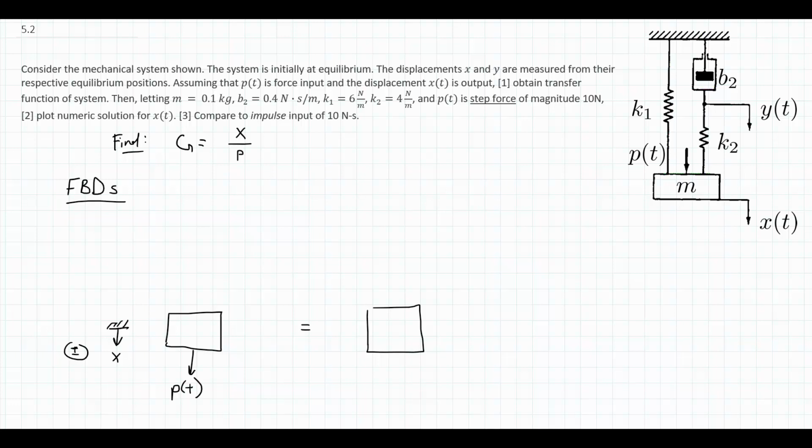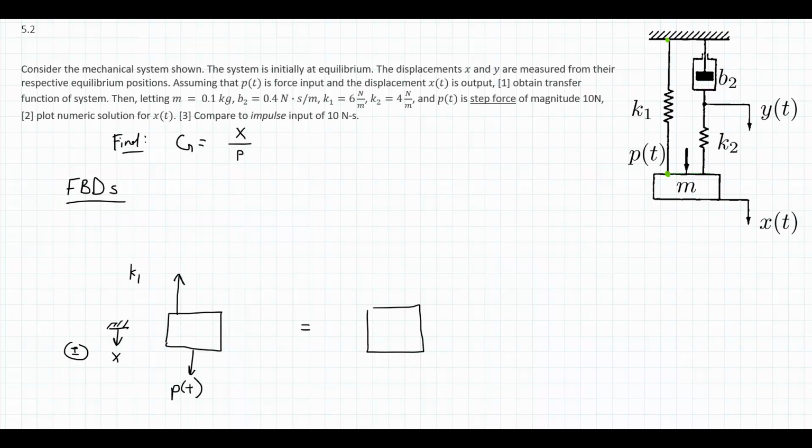Now I'll start with the left spring, K1. I am drawing it in tension, so I need to come up with what its value is such that tension is positive, compression is negative. Well, K1 is attached to the ceiling on top and x at the bottom. If I look at those two points it's attached to, the bottom is x of t, the top is 0. So I only really have to worry about the x of t. So if x of t is positive, K1 is in tension.